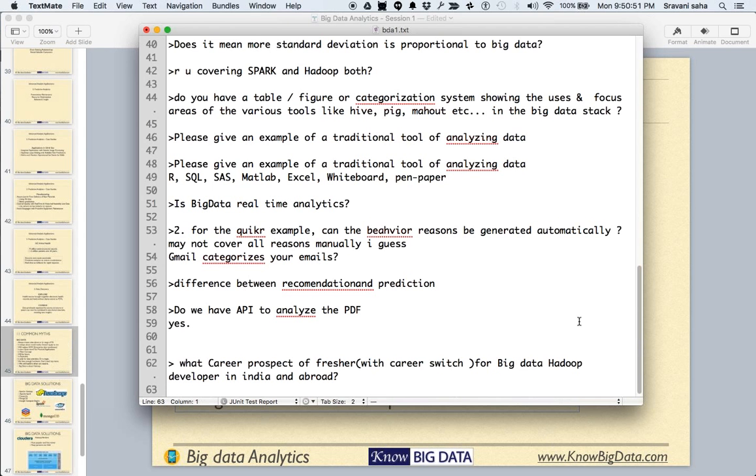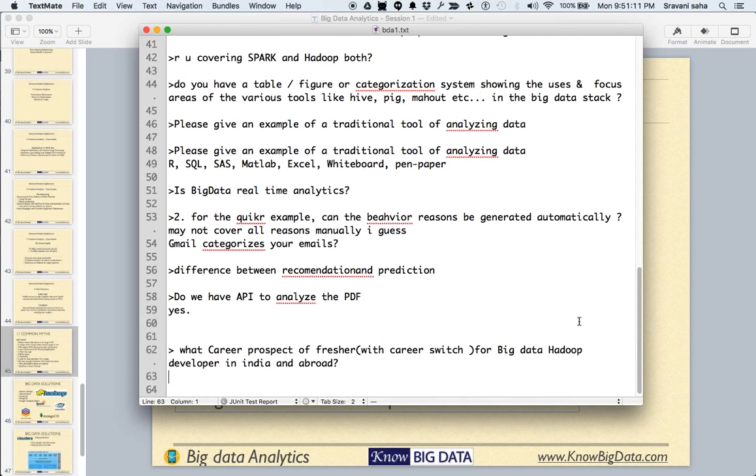What is the career prospect of a fresher for a big data Hadoop developer in India and abroad? A fresher with a career switch, doesn't it sound opposite to each other? My strong suggestion would be to have a good knowledge of databases, at least a good knowledge of SQL, or at least a way to churn data, as in prepare SQL queries, and have a little bit of knowledge about any programming language.